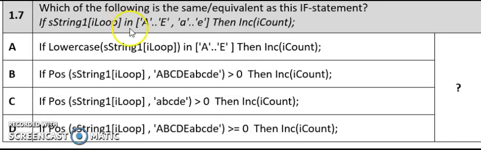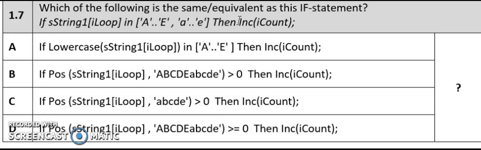This one is looking to see if it's in this set: A, B, C, D, E capital letters, comma, A, B, C, D, E lowercase. So it's checking if there's any occurrence of A, B, C, D, E, whether it's lowercase or uppercase.